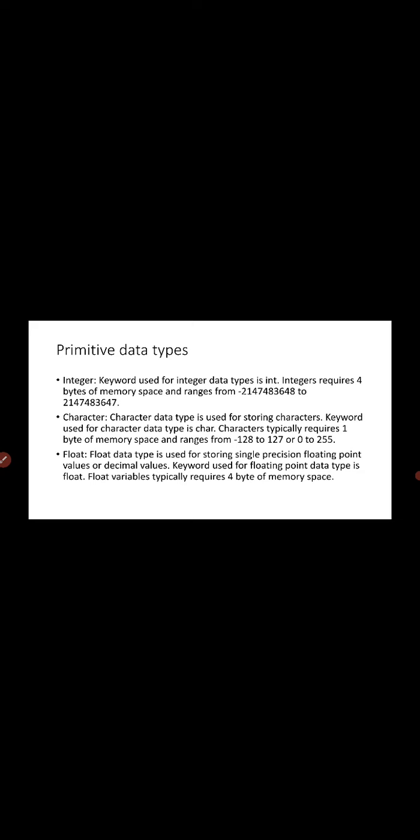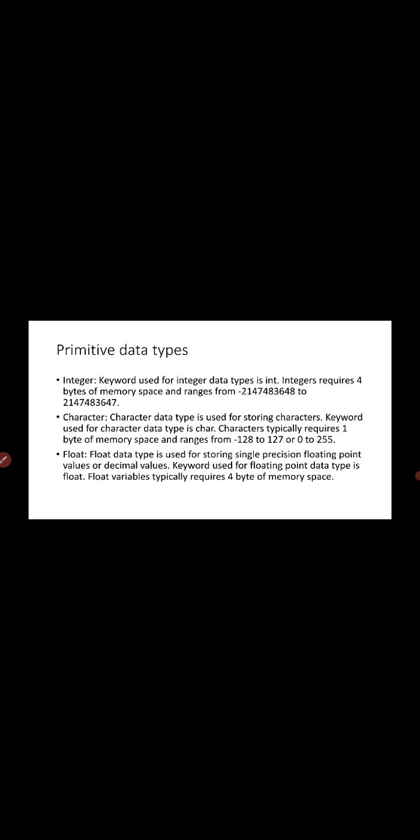The next data type is character. The character data type helps us for storing character values. The keyword used for specifying this type of value is char, that is C-H-A-R.